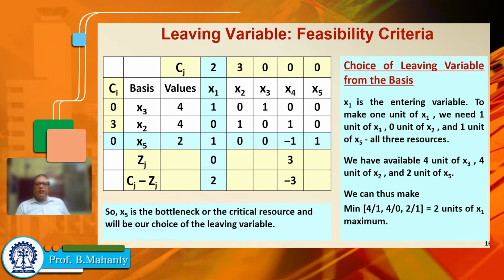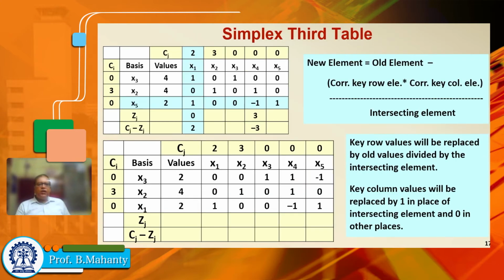Alright, so this much we have already understood, and we have also obtained those values. Now again we have to follow the formula, and through that formula we can obtain the simplex third table, right? So how to do that? Once again, this is our key row, everything should be divided by the intersecting element.